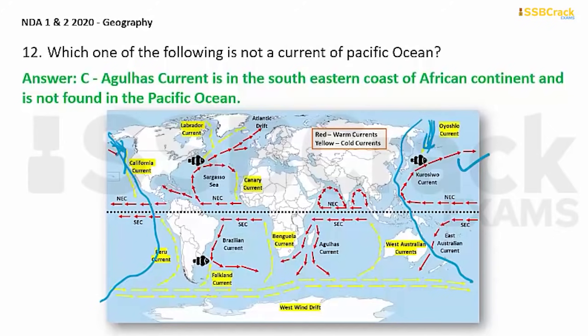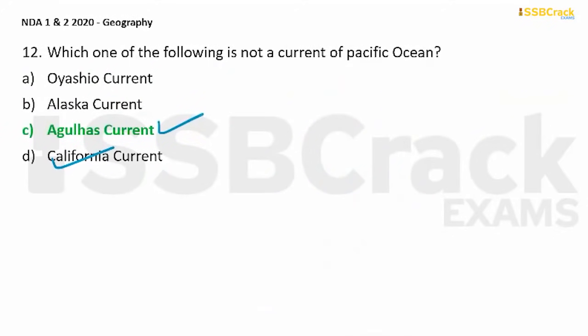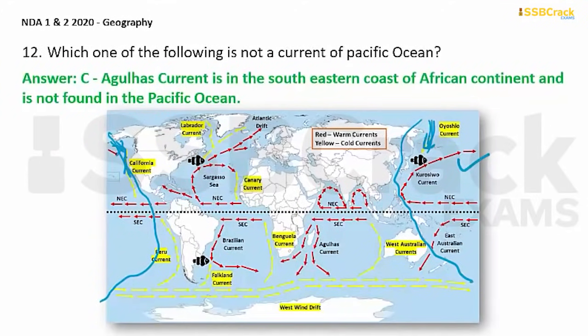Now, apart from that, the third option that we had was the California current. The California current is also one of the cold currents which you'll find on the western coast of the United States of America, right? So this is also found in the Pacific Ocean, but the Agulhas current is actually a warm current which you will find in the Indian Ocean, and that too in the southern hemisphere.